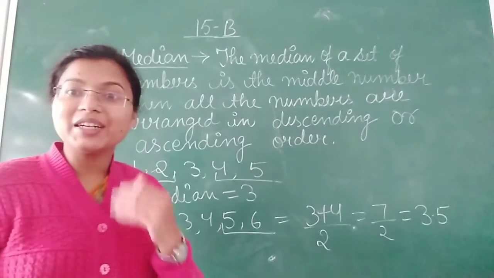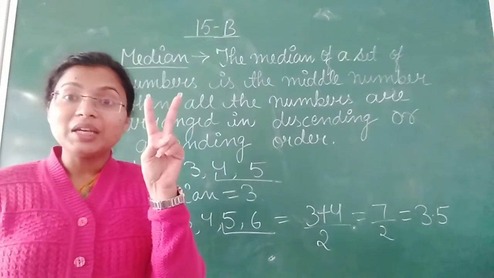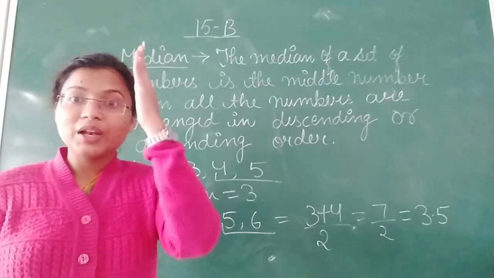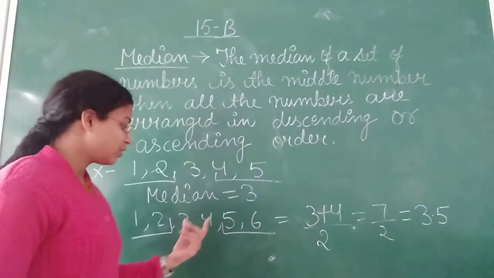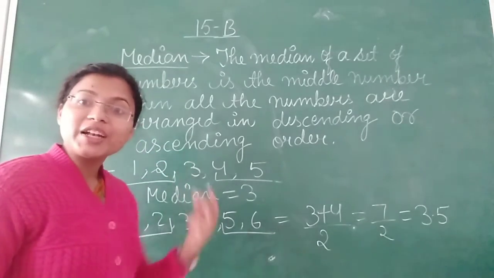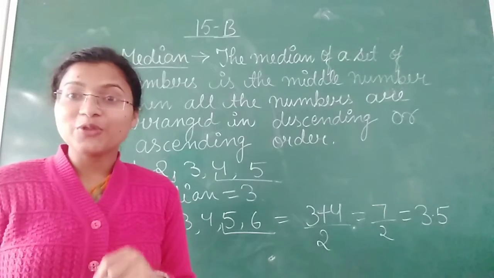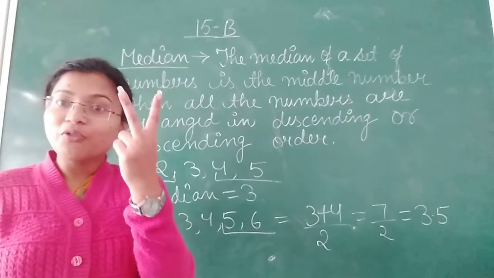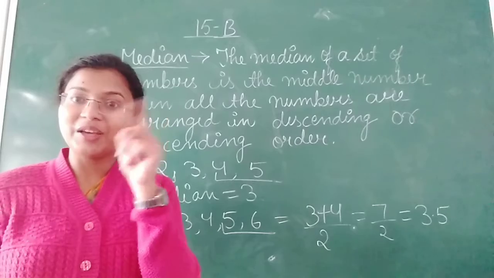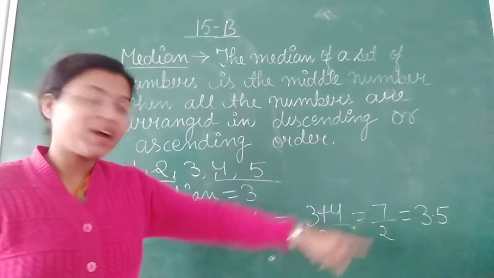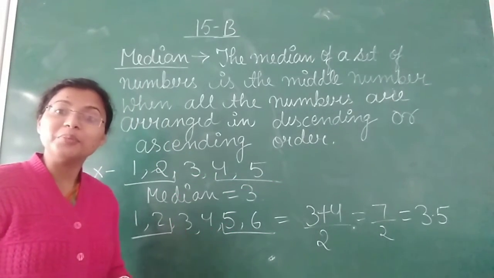Median means the middle term, and if you are getting 2 medians, the one median will lie exactly between both of them. 3 and 4, you are getting 2 medians, but we want only 1. So if we want to change 2 of them into 1, the one median will lie between both of them. And 3.5 lies between 3 and 4, and it will be your median.